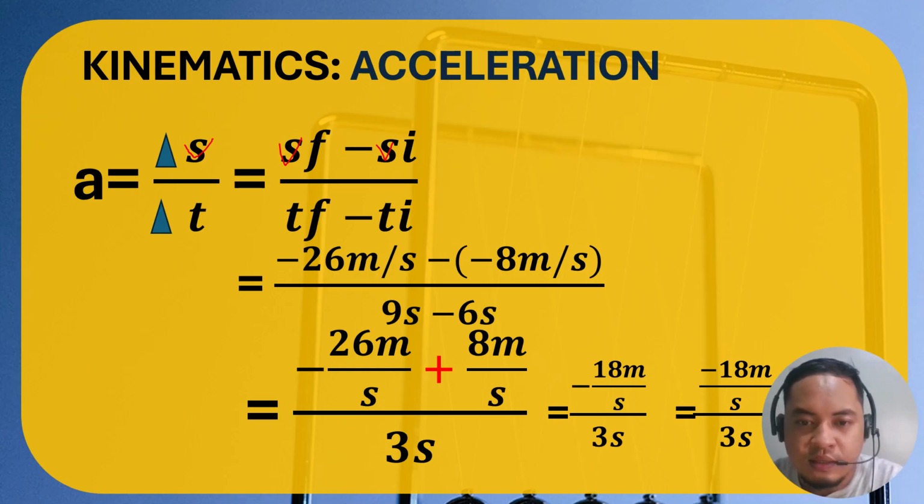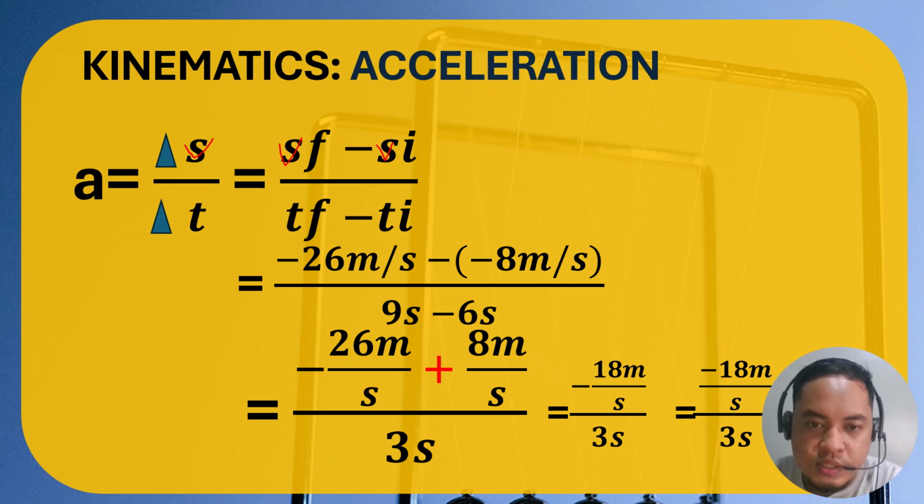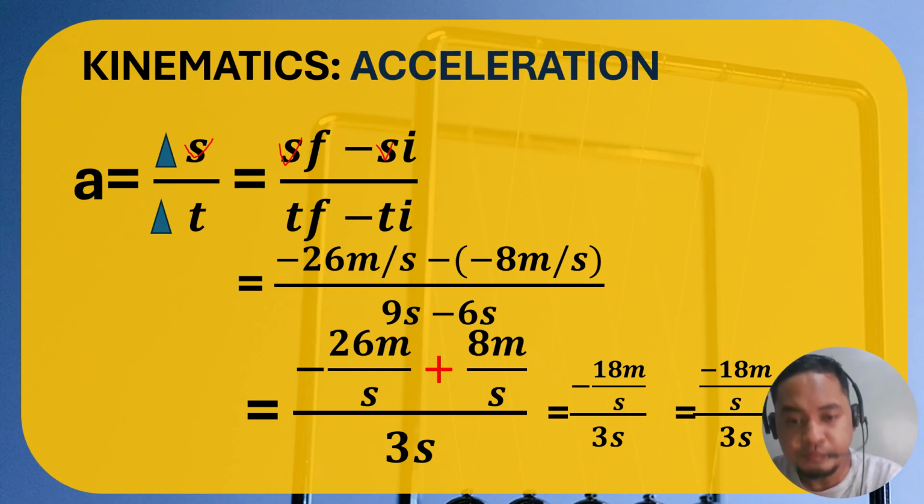Minus the negative 8 meters per second, that's our initial velocity. And then we have the time, 9 seconds, that's the final time, and the initial time, 6 seconds. Negative 26 minus negative 8 will become positive because negative times negative becomes positive. So negative 26 meters per second plus 8 meters per second.